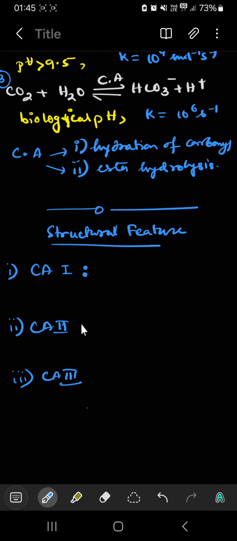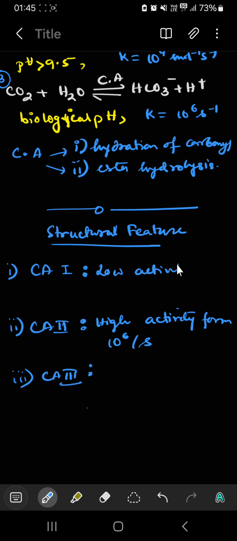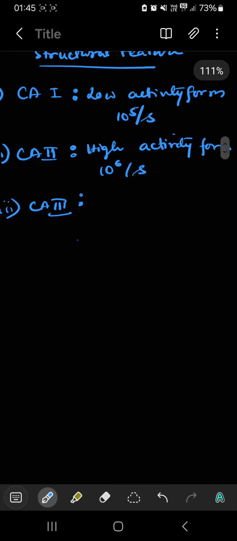Among these three, CA2 is the high activity form, that is, its turnover number is the highest, 10 to the power 6 per second. Carbonic anhydrase 1 is a low activity form, with a turnover number of 10 to the power 5 per second. And carbonic anhydrase 3 is a very low activity form.